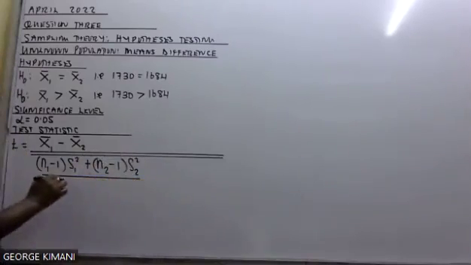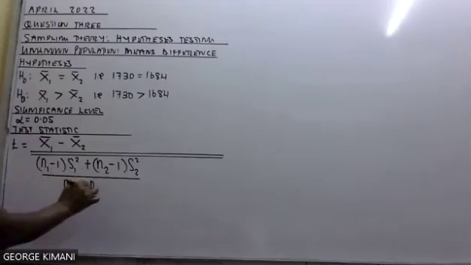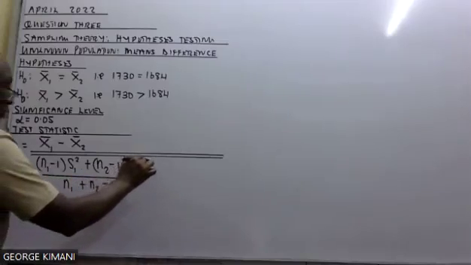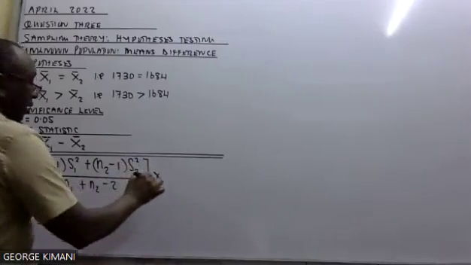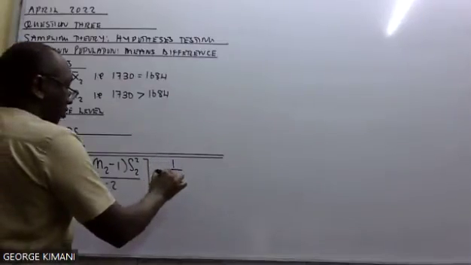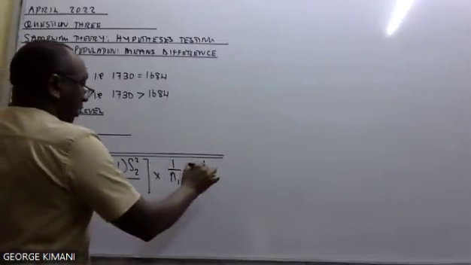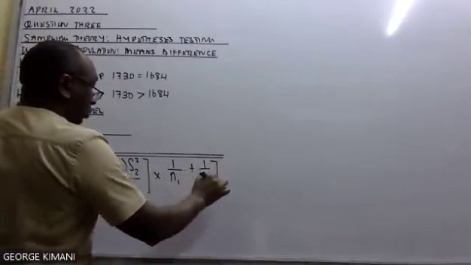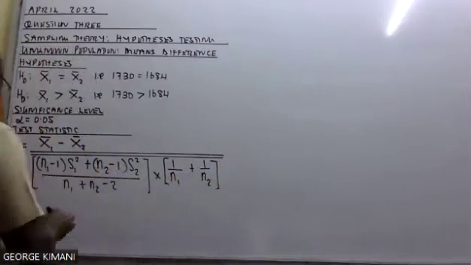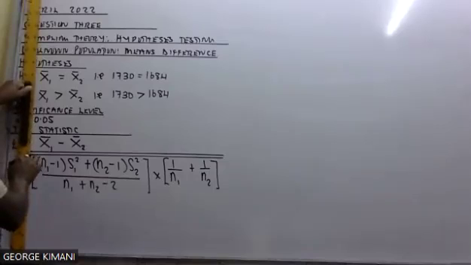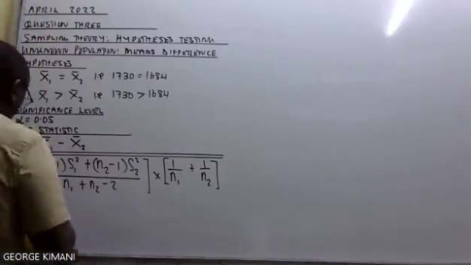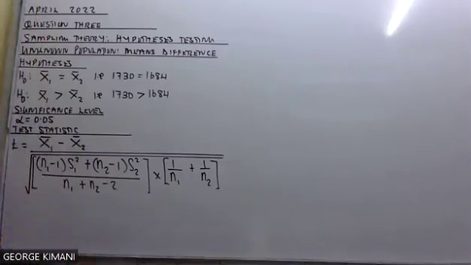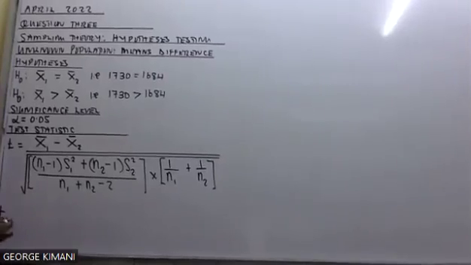Now all these you divide by n1 plus n2 minus 2. You get it into brackets, then 1 out of n1 plus 1 out of n2. And this one now, we are supposed to get the square root. So with that, you now tell us T calculated will be what?